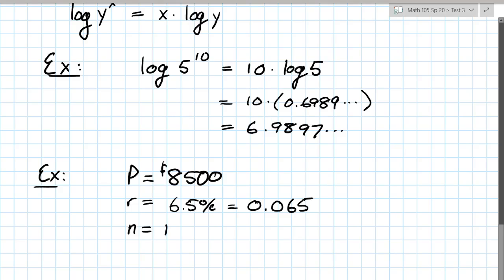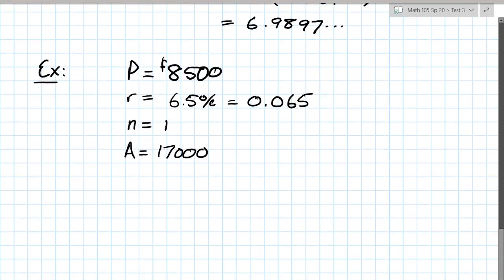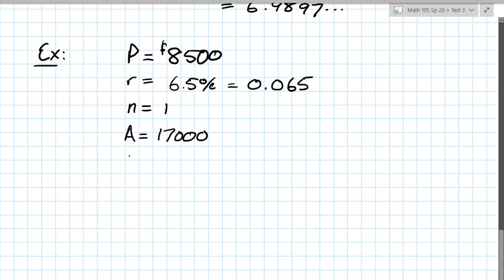It says compounding once per year. And then the accumulated amount, we want our investment here to double, so doubling 8,500 is 17,000. The thing that we're missing in this problem is the time it takes in order to double.